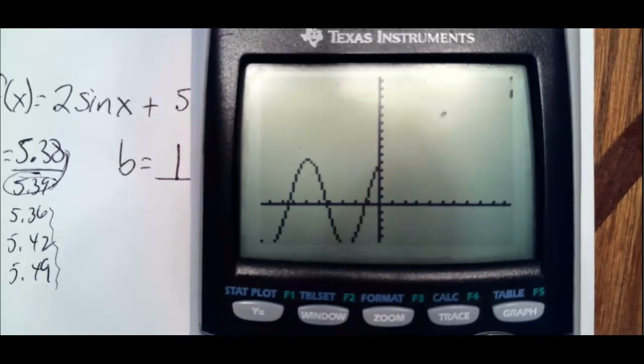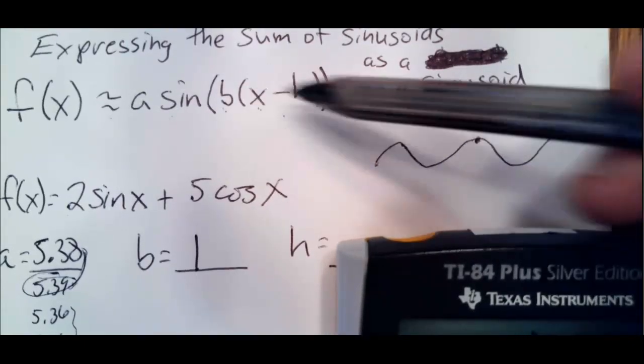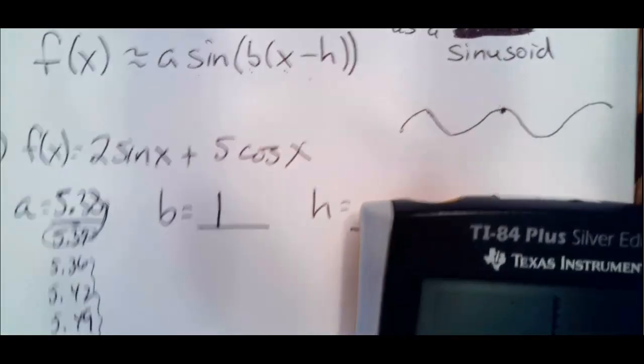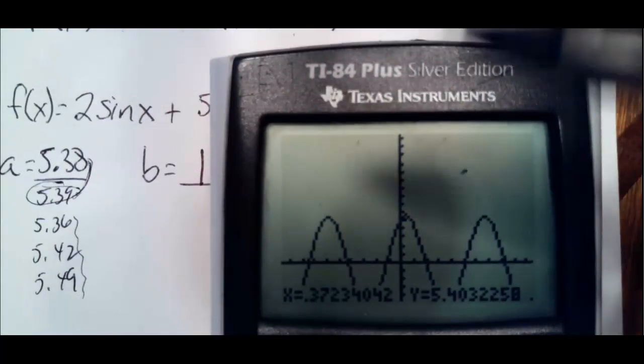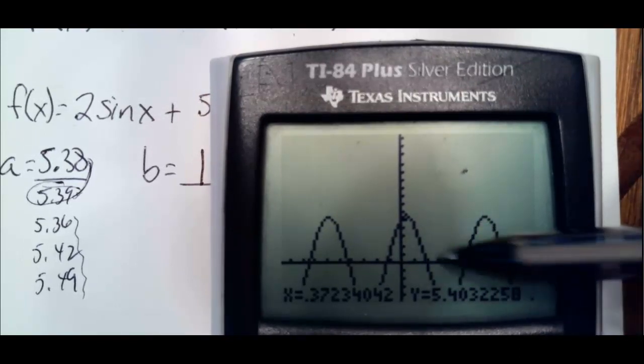And now what we've got to do is analyze the graph. If you notice, H is a phase shift to the left or right. If you look at this graph, it looks like it's been shifted over.